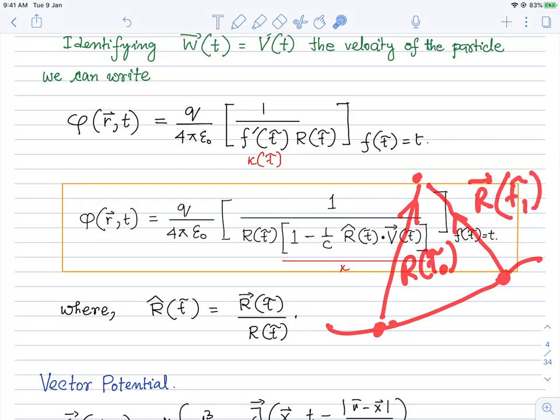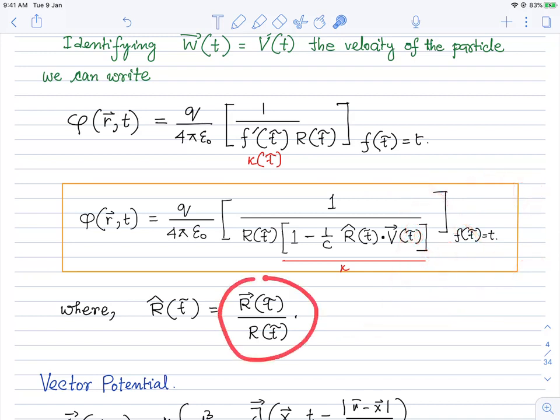So the r vector changes as the particle moves through its trajectory, and therefore it is a function of t tilde. If you take the particle's location to be the origin, then what is the distance from the origin of the point of interest where we are trying to find the electric field, magnetic field, and the potentials. I hope this algebraic manipulation is clear to you.